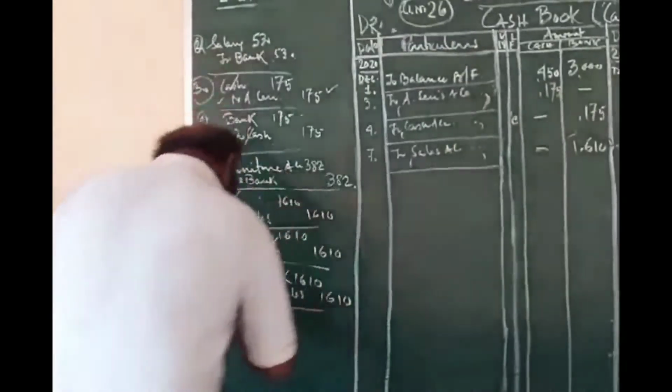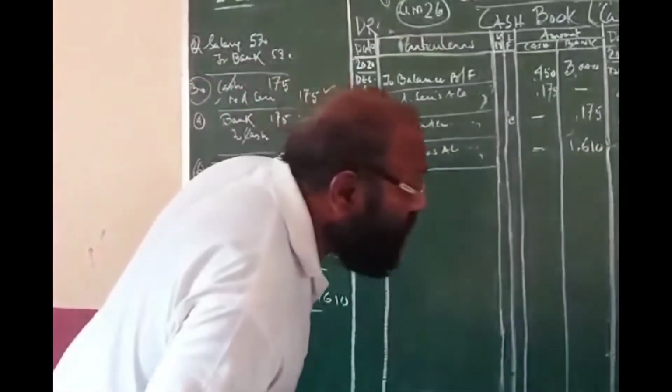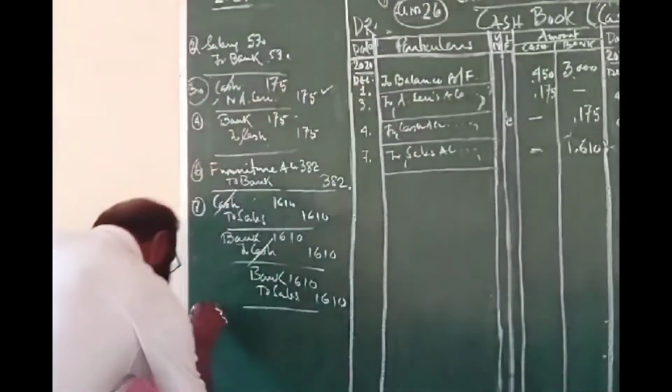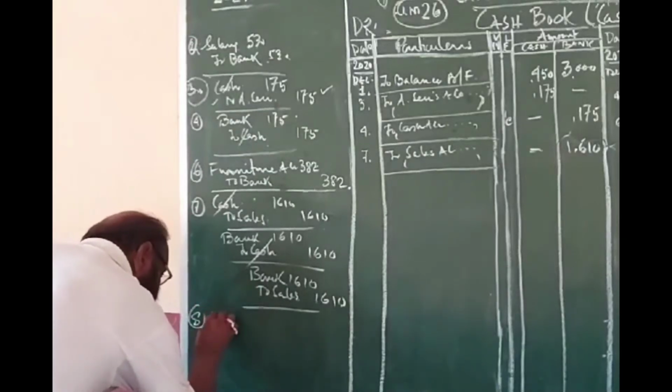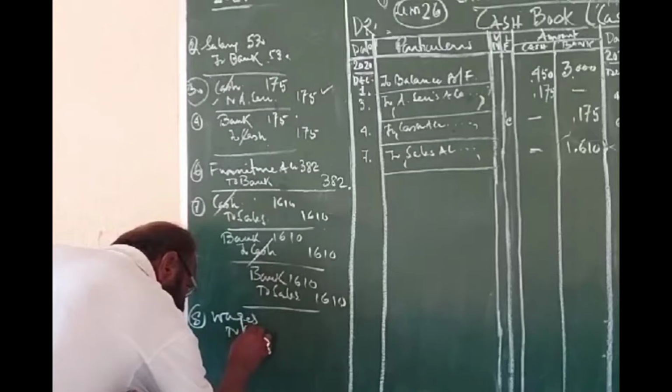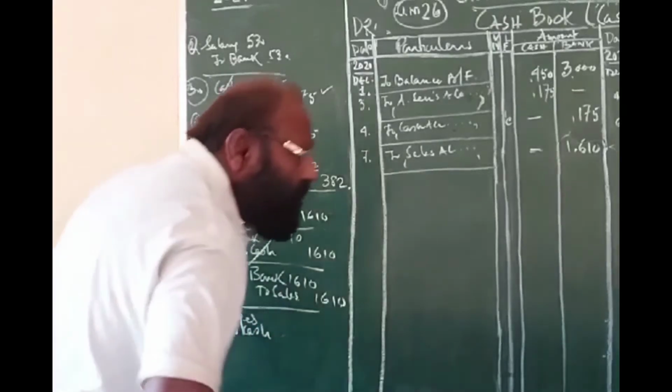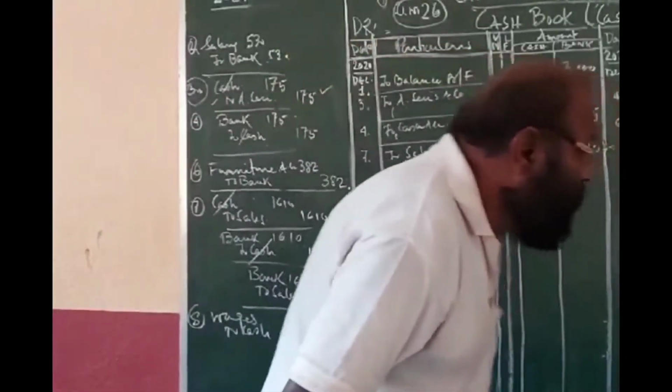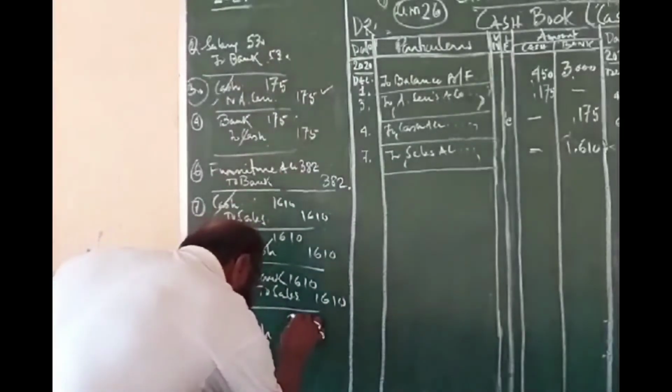Very easy. Wages account debit. Which date? On 8. Wages account debit to cash. How much? 265.